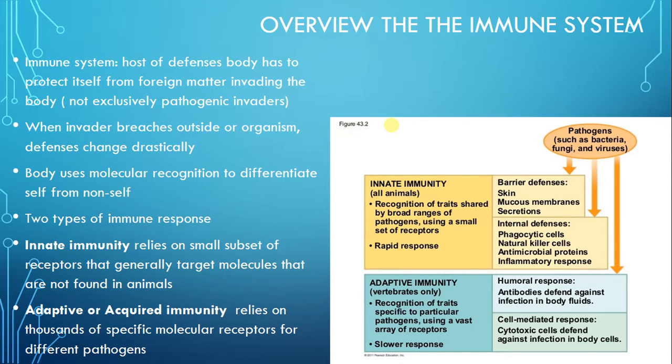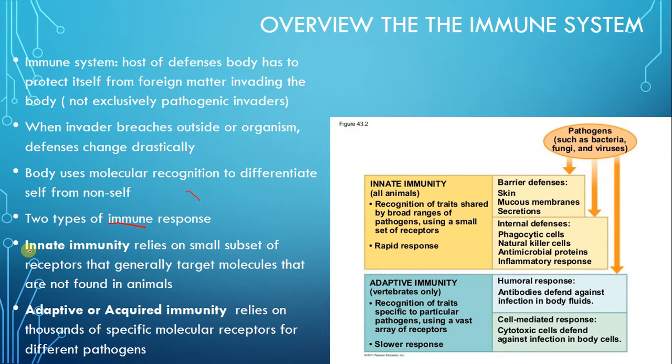When invaders first breach the outside of an organism and get into your body, the defenses ramp up and become much more drastic. In general, your immune system uses molecular recognition to differentiate self, so part of its own body, from that foreign material. There are two types of immune responses that we're going to talk about.